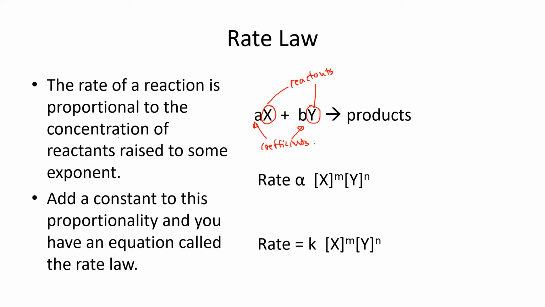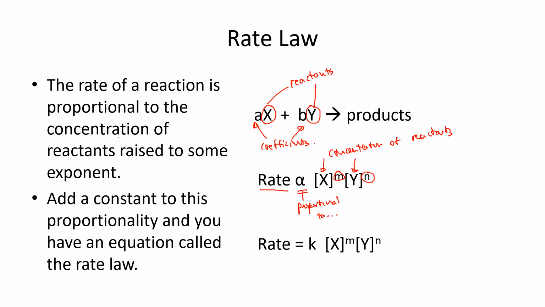So what they find is that the rate is proportional to the concentration of the reactants raised to some exponent power. Now you notice that the exponents are m and n, not a and b. So the exponents aren't necessarily going to be the same as the coefficients. So you have to work that out mathematically.